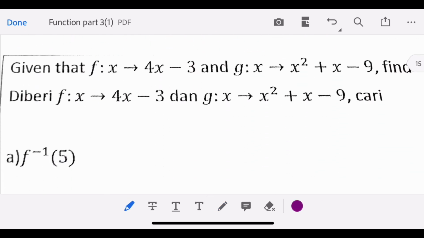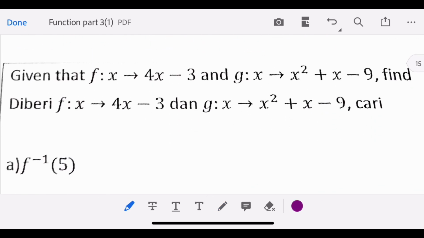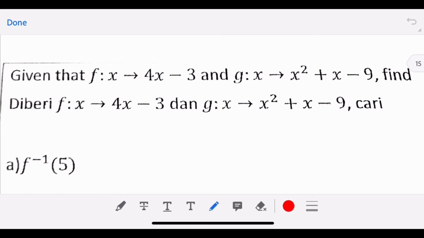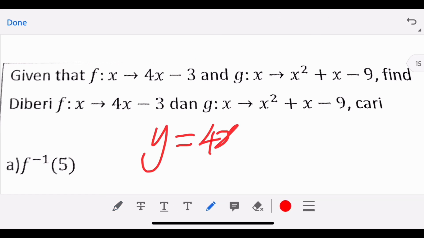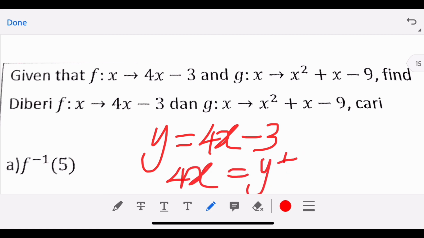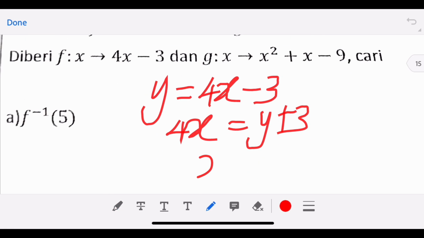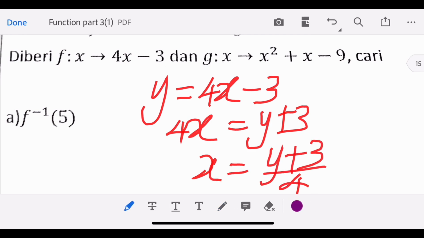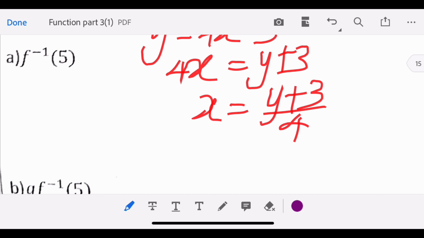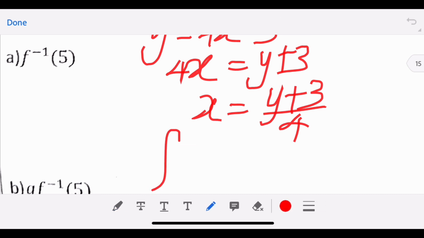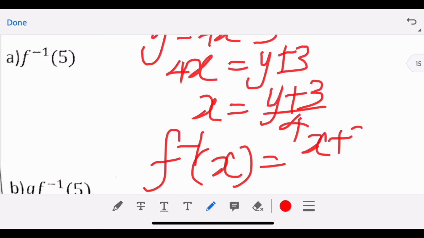For question number 15, you have to find the inverse again. Y equal to 4x minus 3, 4x equal to y plus 3. So that means that x will be equal to y plus 3 over 4, right? So then we will write f inverse 5. We will write first before we substitute the 5.